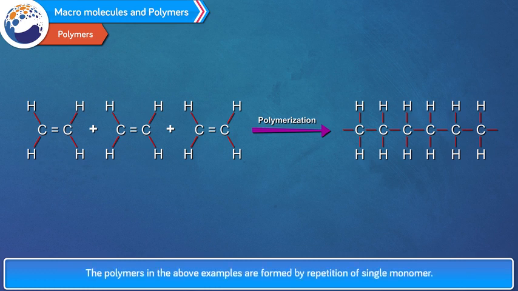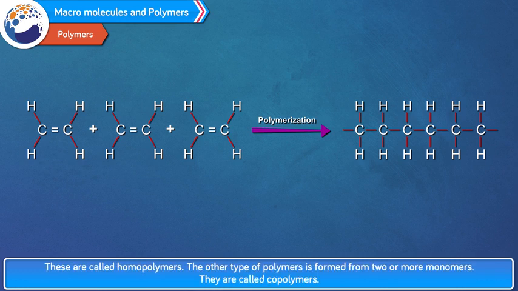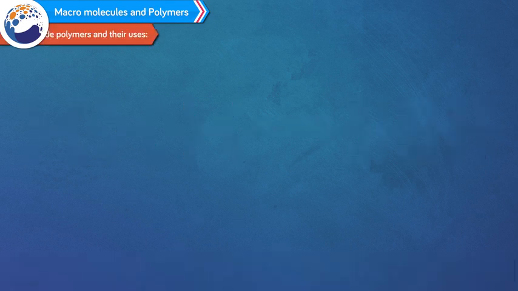The polymers in the above examples are formed by repetition of a single monomer. These are called homopolymers. The other type of polymers is formed from two or more monomers. They are called copolymers.